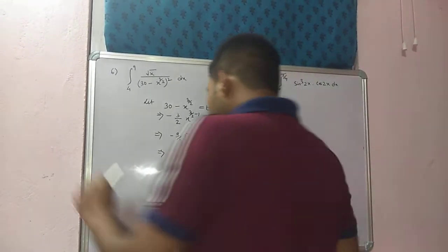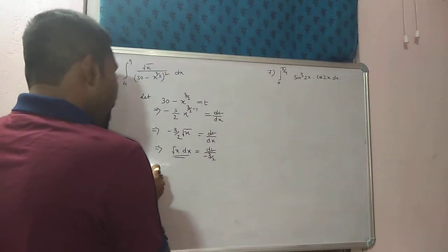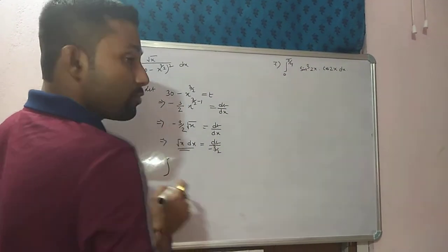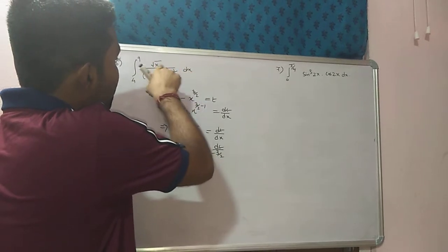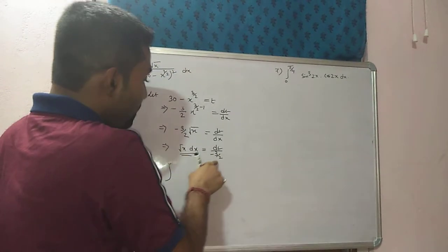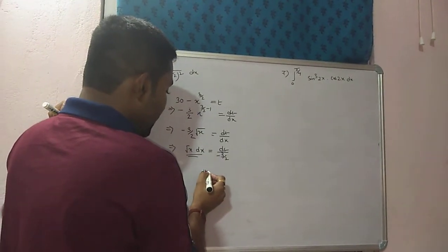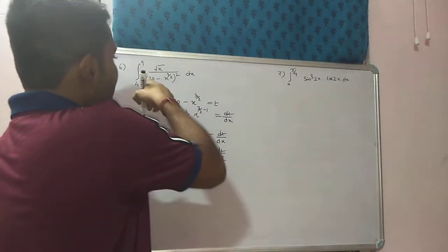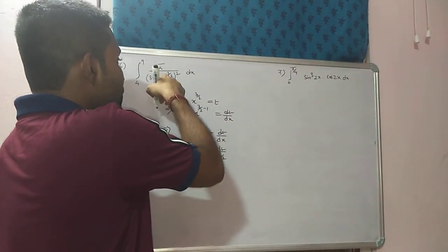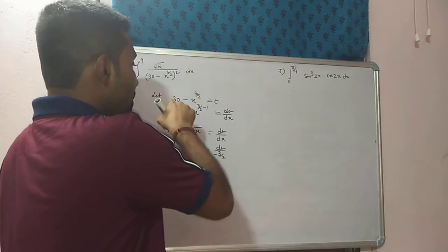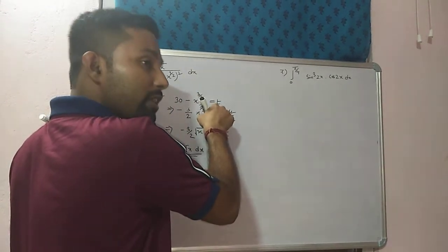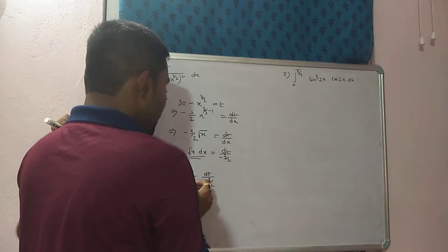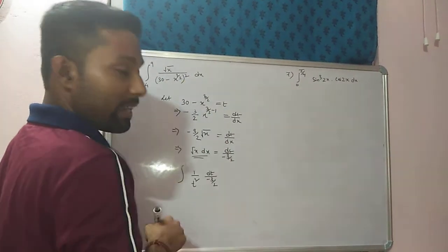Then you have to change the limits also. Before that, put the value: we can replace root x dx by dt by minus 3 by 2. And 30 minus x to the power 3 by 2 equal to t, substituted, so this will be 1 by t square only because it is squared.